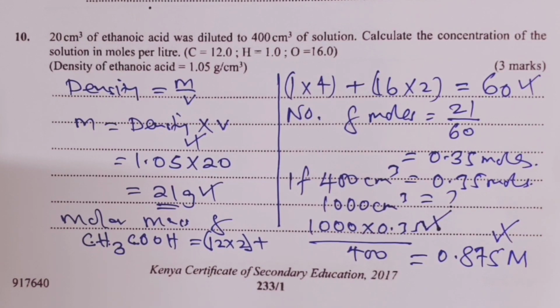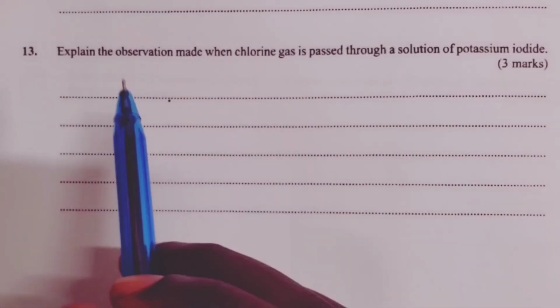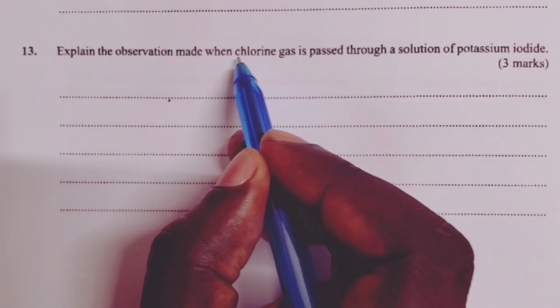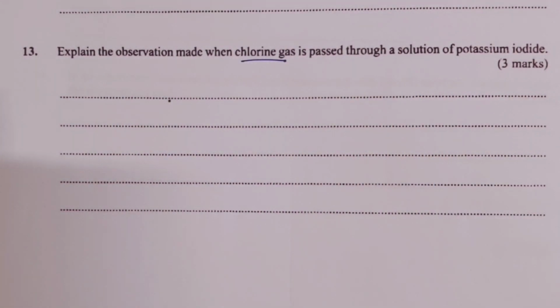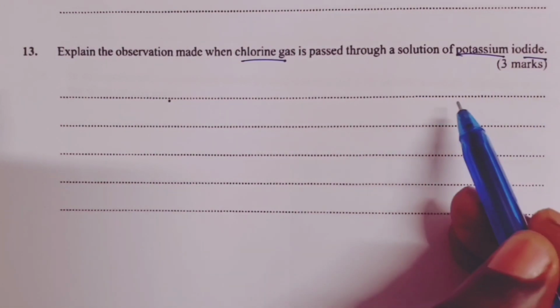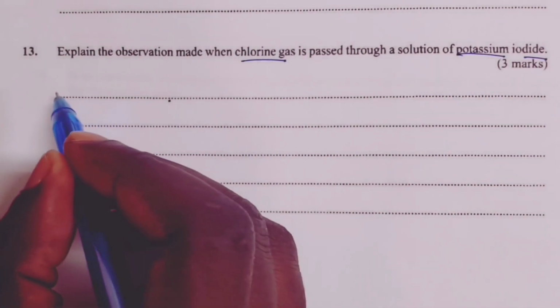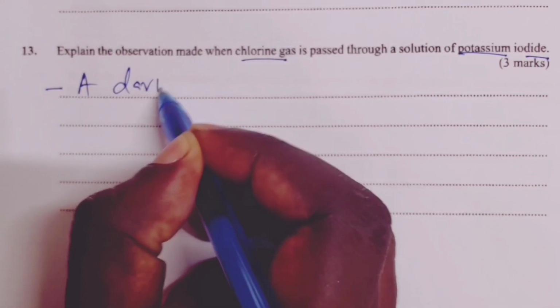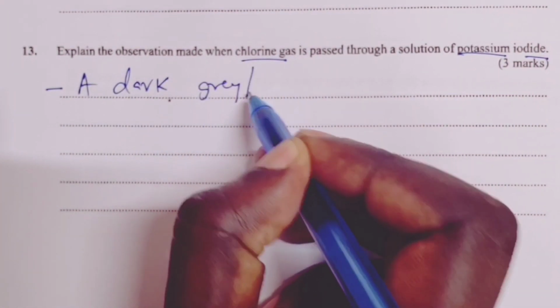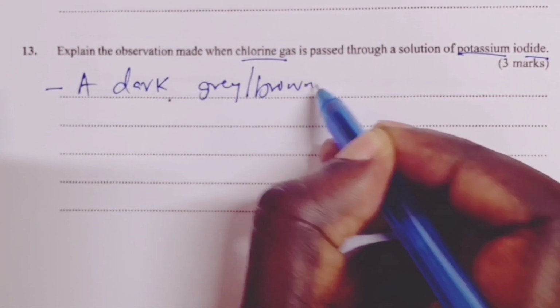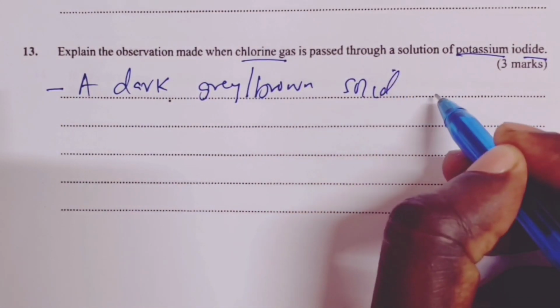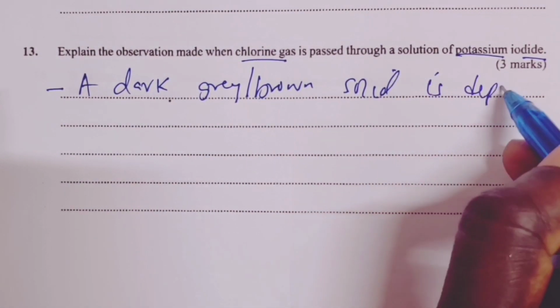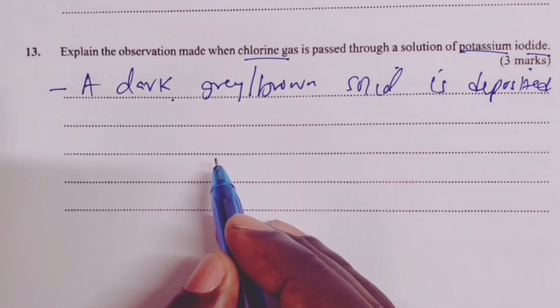We proceed to question 13, borrowed from chlorine and its compounds. Explain the observation made when chlorine is passed through a solution of potassium iodide. So here we know chlorine would displace iodine, and what we would see is a dark gray or brown solid deposited. And why would this be so?